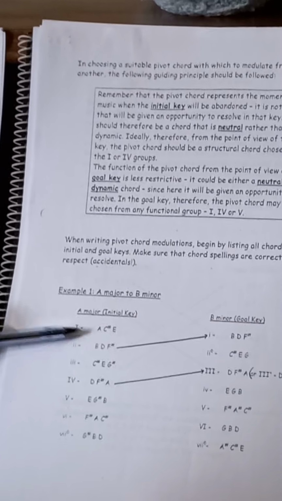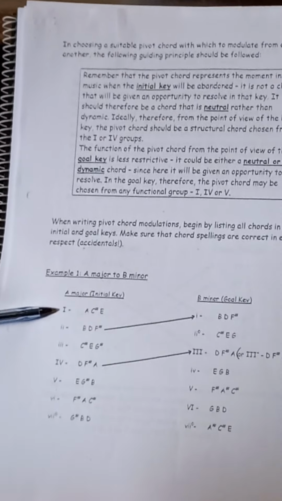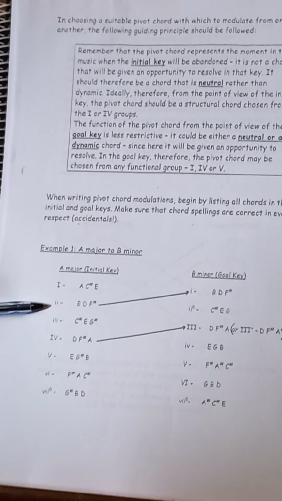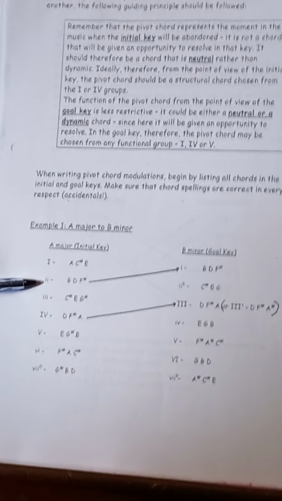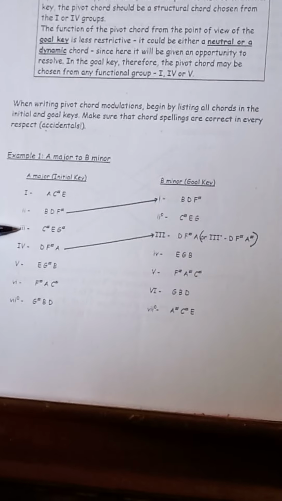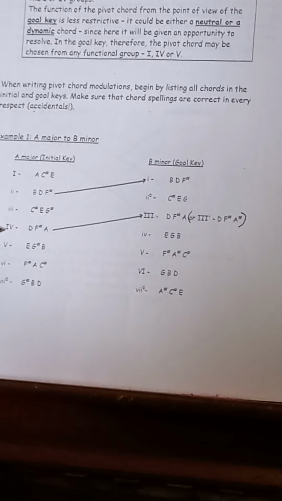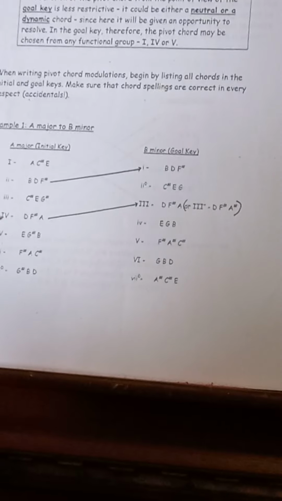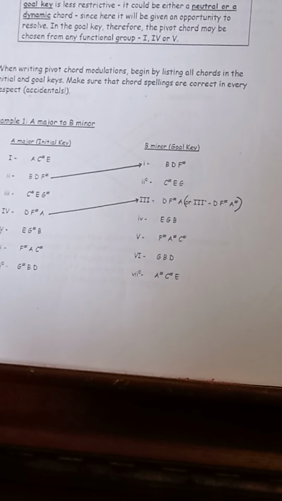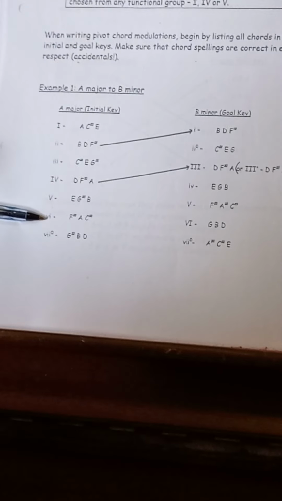The tonic of a major key is a major chord, A, C sharp, E. Supertonic is a minor chord, B, D, F sharp. Mediant is a minor chord, C sharp, E, G sharp. Subdominant is a major chord, D, F sharp, A. Dominant is a major chord, E, G sharp, B. Submediant is a minor chord, F sharp, A, C sharp. Leading tone is a diminished chord, G sharp, B, D.